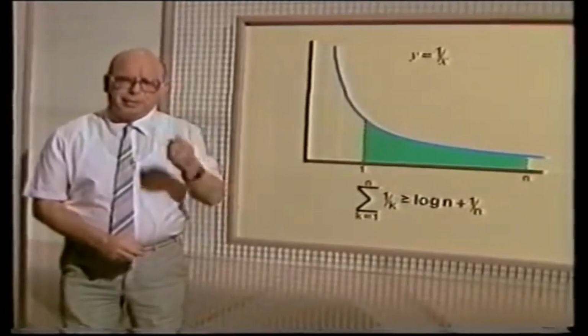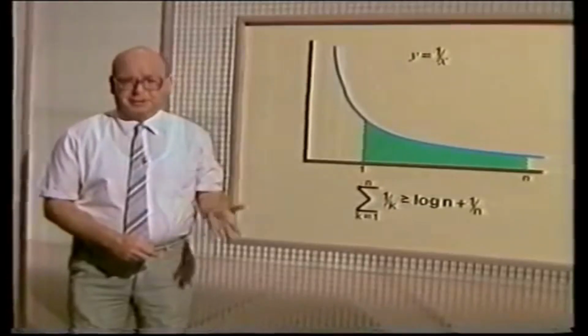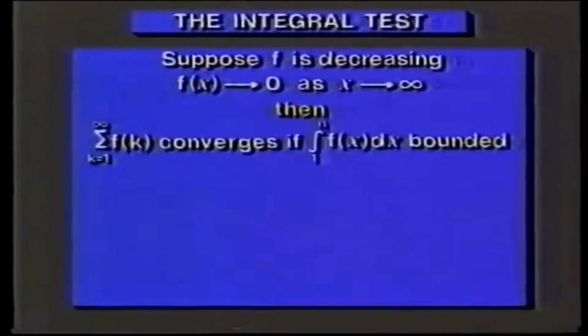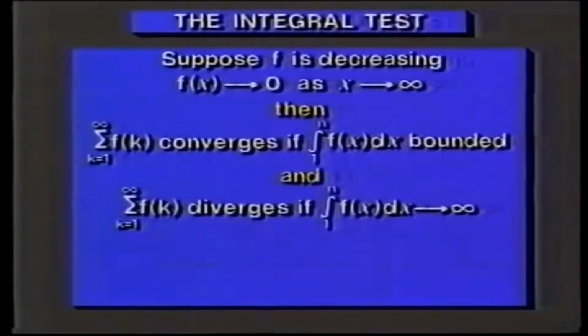In fact, what we were really doing was using the so-called integral test. This says that if we have a function f, which is decreasing and tends to 0, then the series sigma fn converges if the integral of f from 1 to n is bounded, and the series sigma fn diverges if the integral of f from 1 to n is unbounded.